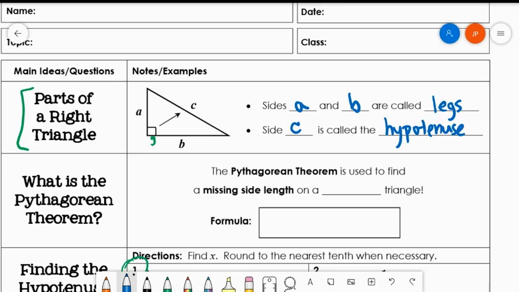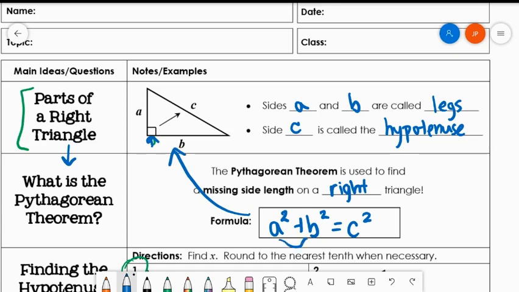And why all this matters is it goes into this thing called the Pythagorean theorem. The Pythagorean theorem is a theorem that we can use to find the missing side on specifically a right triangle. You cannot use it unless you've got that little right angle down in the corner. The formula that we're using to do that is a squared plus b squared equals c squared, where a, b, and c go back to this right here.